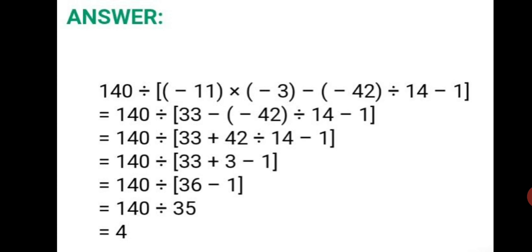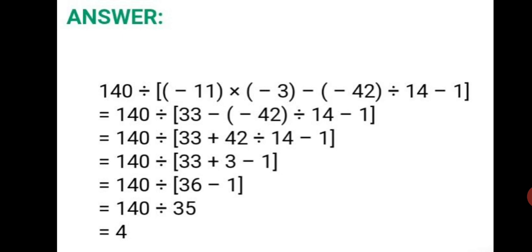Next step, the fifth step, you will see 140 divided by 36 minus 1. We are solving brackets first. So 36 minus 1 gives you 35. And the last step, the sixth step, you get your answer. 140 divided by 35 is equal to 4.